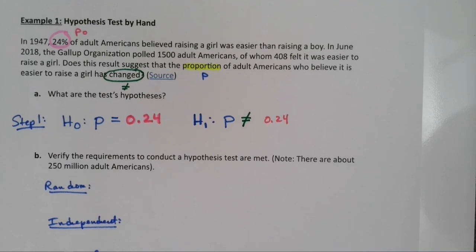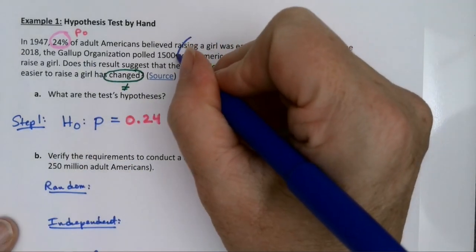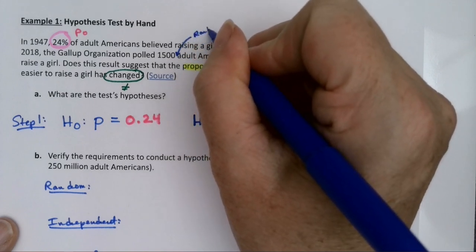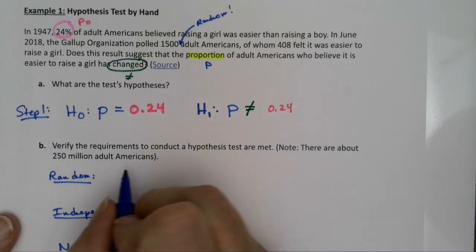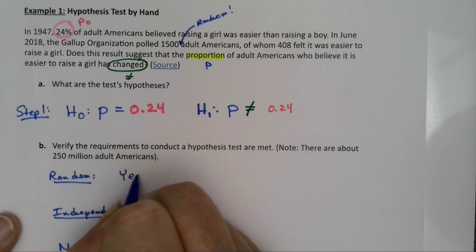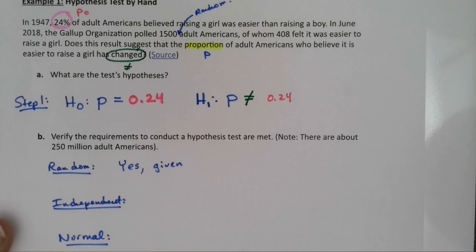Oh, I'll have to fix that. Well, the way Gallup runs its polls is this would be 1,500 random adult Americans. I'll put that in. So I'll add that word for next time. But for the meantime, it will be yes, given. Technically, it's just safe to assume, right? But I'll add that in there. That's a typo.